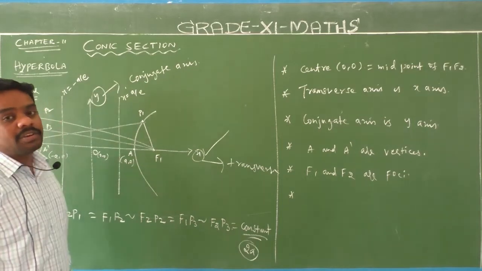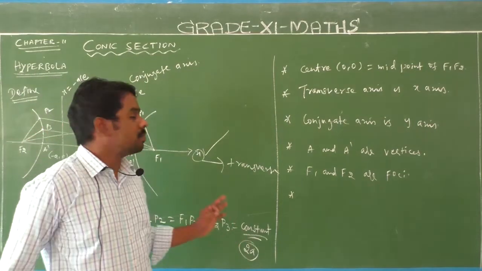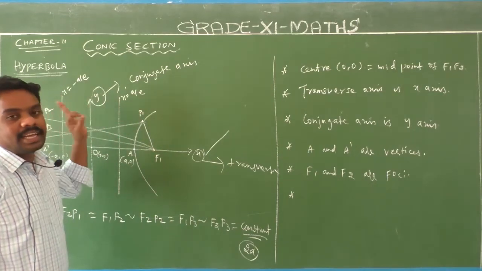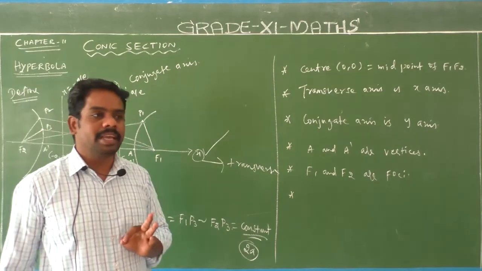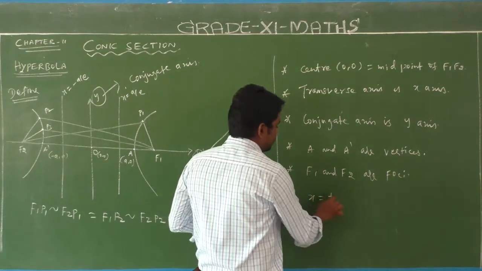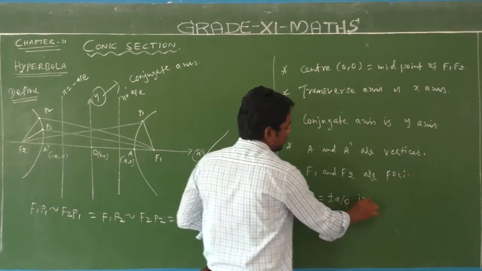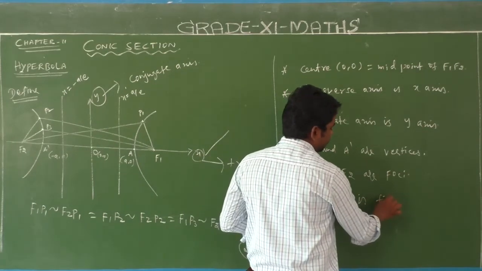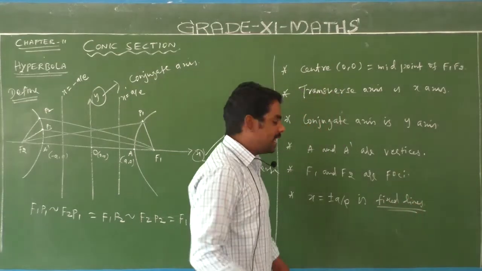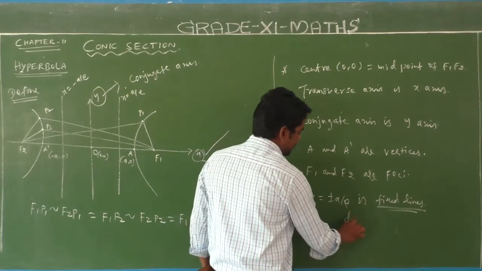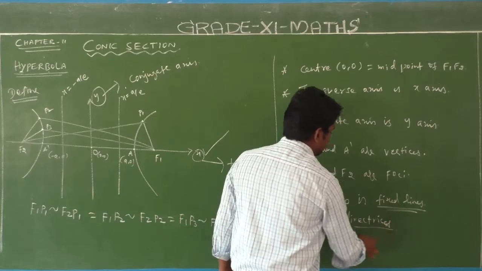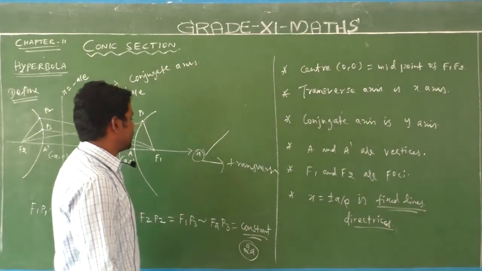That means the equation of the directrix of the given hyperbola is x equal to plus or minus a by e. This line is called directrixes.